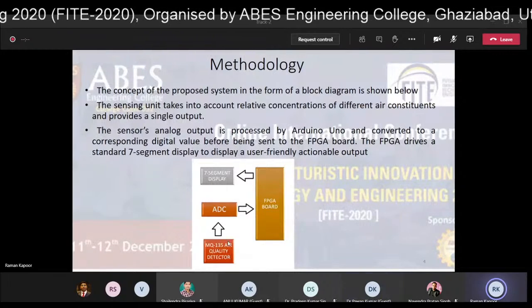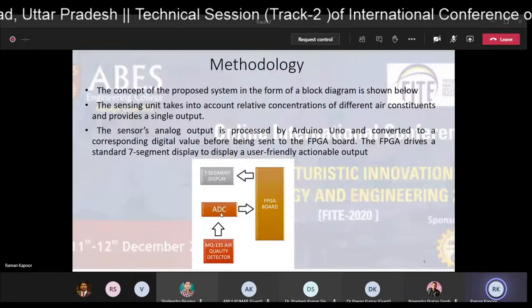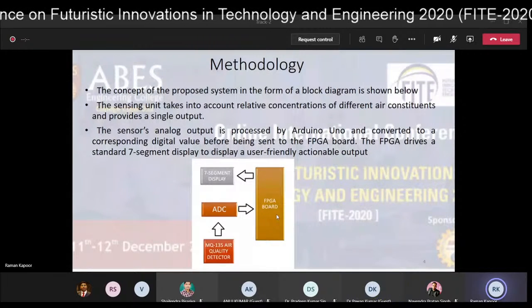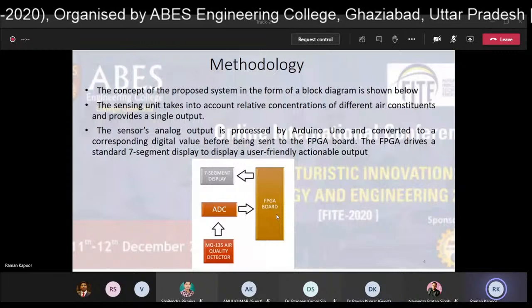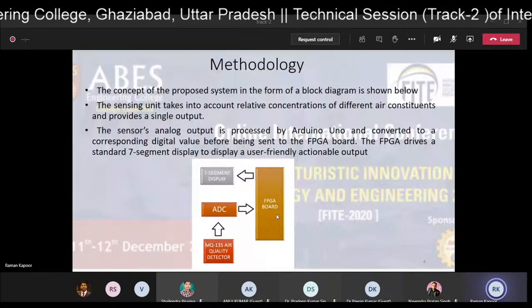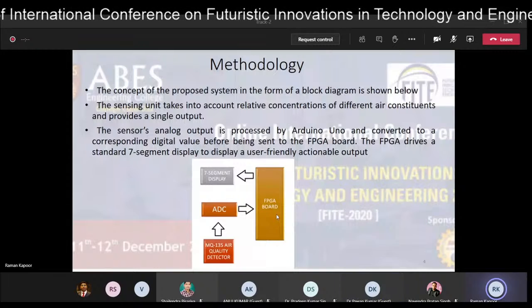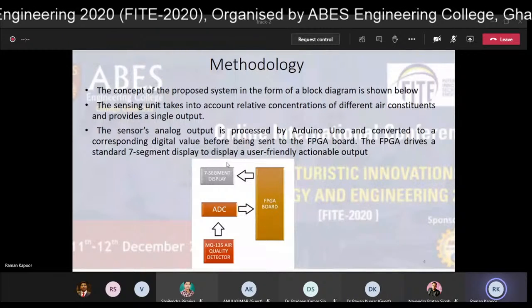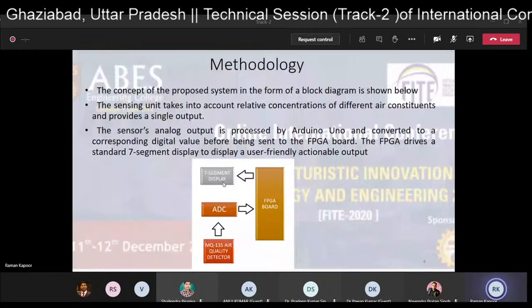The analog output, an electrical signal, is digitized and sent as a stream of bits, zeros and ones, to the FPGA board where our code is written. We have 2 or 3 different codes written in Verilog, which are dumped onto this board. Depending on that, the 7-segment display is driven, which tells you about the quality of the air.